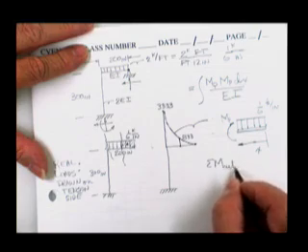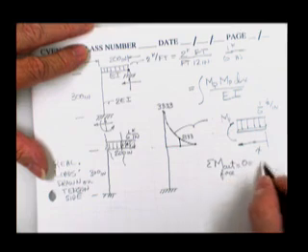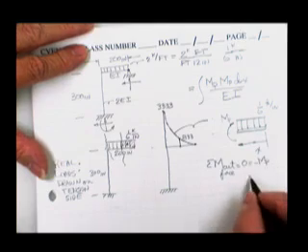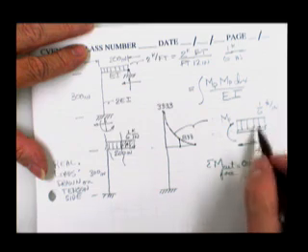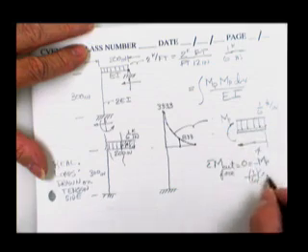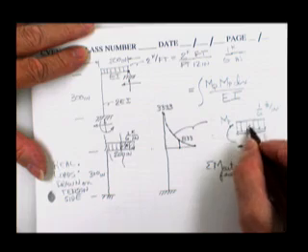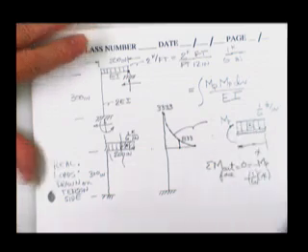Sum of the moments about the cut face is equal to 0 is equal to minus M sub P minus, the load is 1/6, the base is X. Question? Don't let me make a mistake, for heaven's sakes.